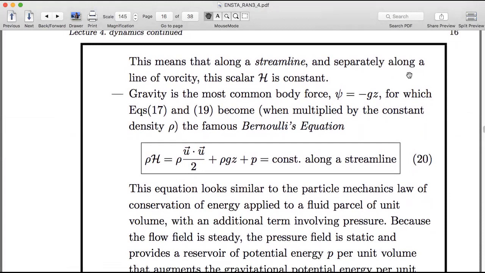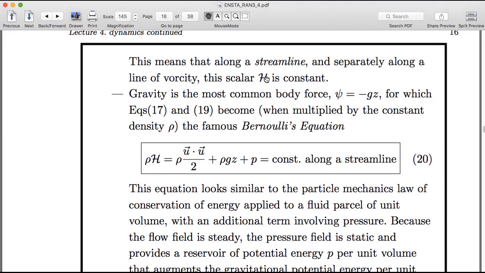So you can call those lines along which you're always moving parallel to a vorticity vector, sort of the analog of a streamline but for the vorticity, a line of vorticity.